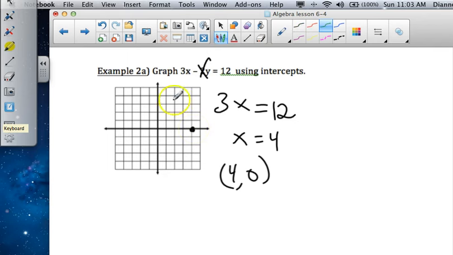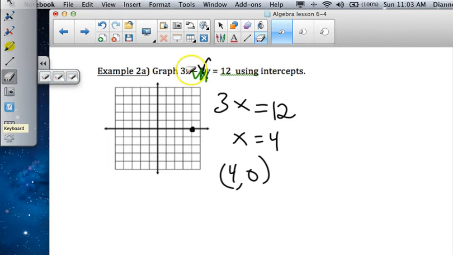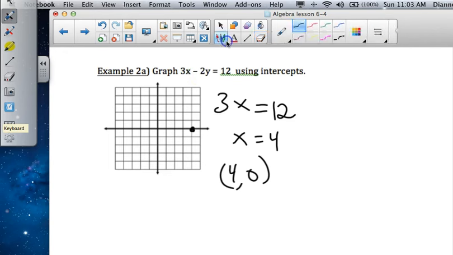The y-intercept is going to be where the x value equals 0. So then this would be negative 2y equals 12.